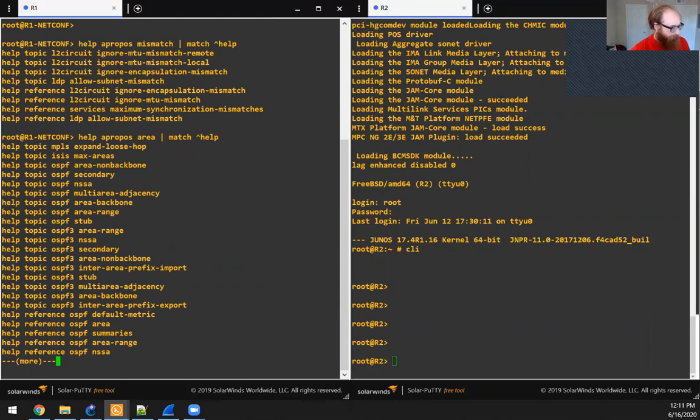Yeah, this is something we could do as well, is look at what happens when the types of areas in OSPF mismatch. We know we've got regular areas, we've got stub areas, we've got not so stubby areas, we've got totally not so stubby areas, and we've got totally stubby areas, I believe, are the 5 areas for OSPF.